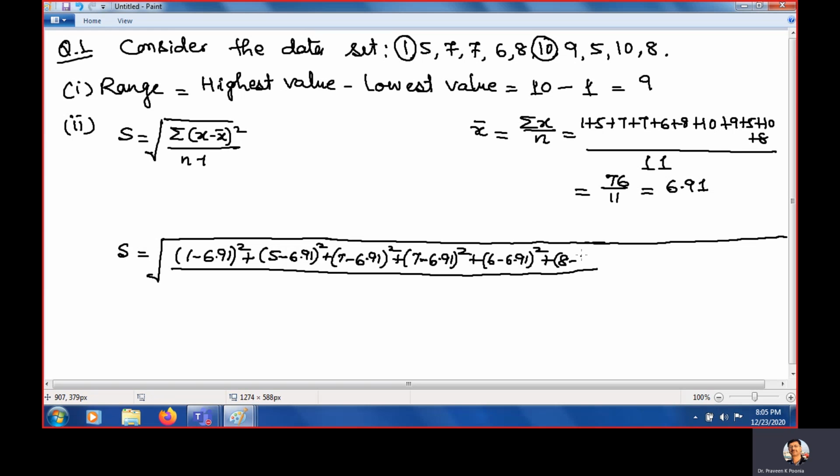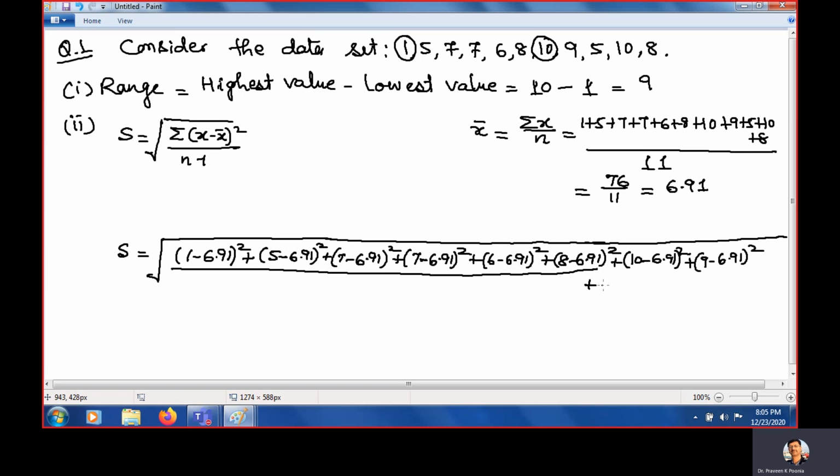8 minus 6.91 whole square plus 10 minus 6.91 whole square plus 9 minus 6.91 whole square, and you can take plus also here.